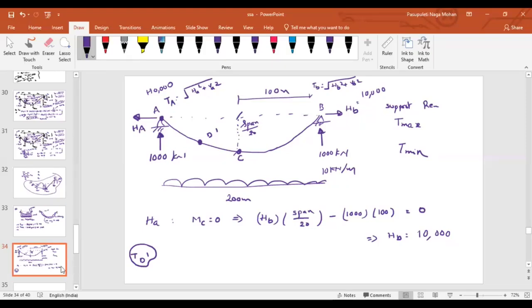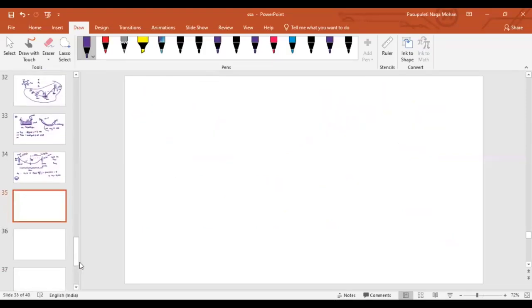Let us draw the free body diagram of the span TD. We know the force here, that is 1000, and we know the force here, that is 10,000, and then the UDL of 10 kilonewton per meter is acting over here. Let us say we are considering a span of 10 meters, right?